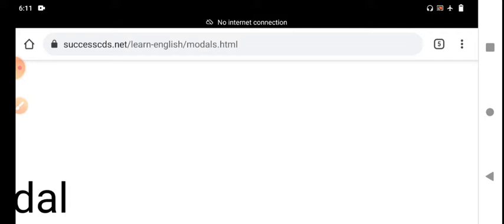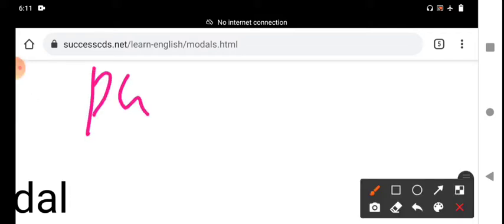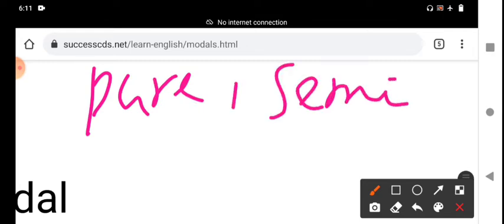What is the main difference between pure modals and semimodals? Pure modals only function as a modal verb. What is the function of the modal verb? Modal verbs are special verbs that are different from normal verbs. They are never used alone and always follow the principal verb.